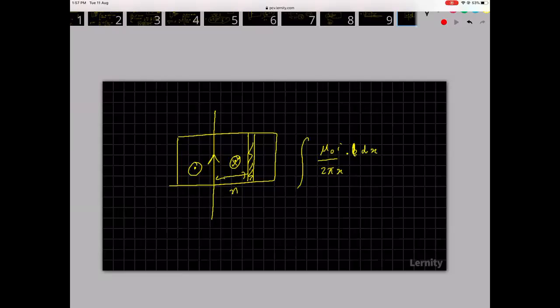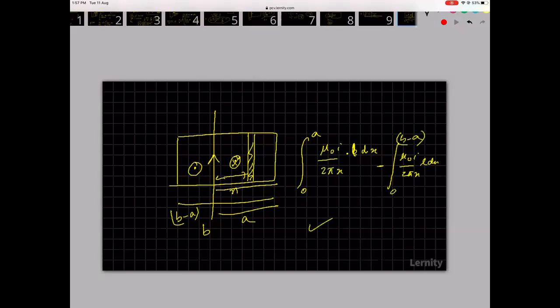The limits of the integral: on one side the whole thing is B, on one side it is A. So this is B minus A. So you have to integrate from this side 0 to A, minus the integral of mu naught I by 2 pi x L dx from 0 to B minus A. Now you will get your answer.